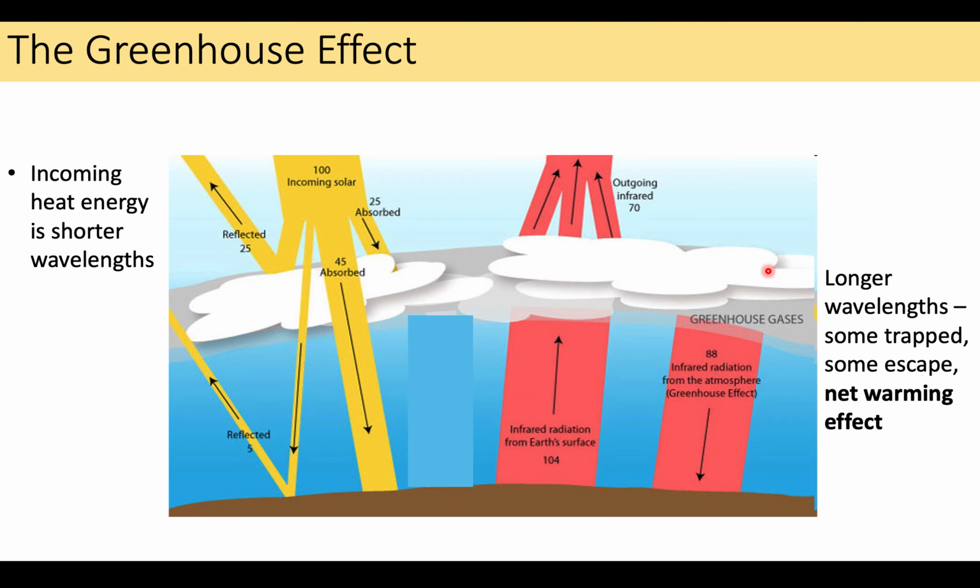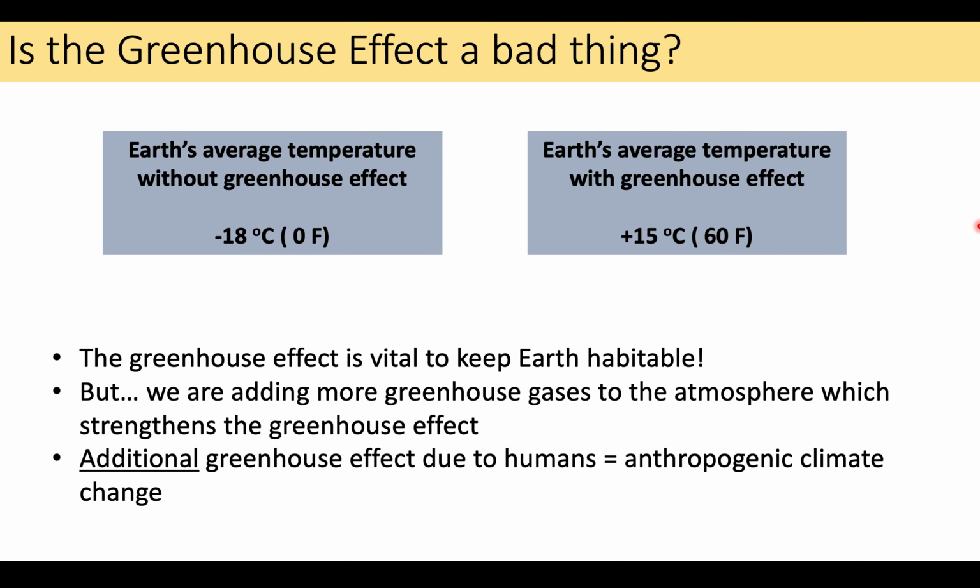So the more greenhouse gases we have in our atmosphere, the stronger the greenhouse effect will be, the more heat will be trapped and kept in our atmosphere. So the greenhouse effect is causing this net warming because we are increasing the amount of greenhouse gases we have in our atmosphere. But is the greenhouse effect always a bad thing?